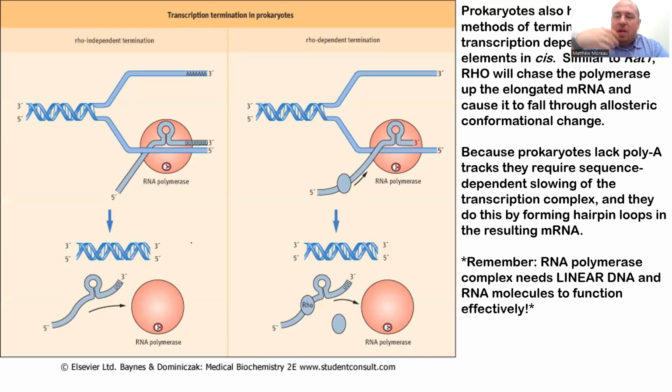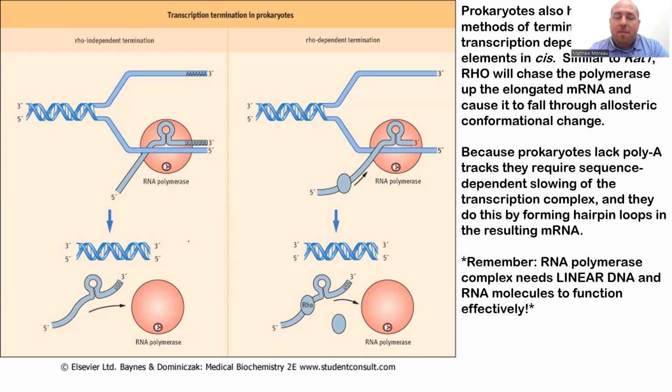So as you're making the RNA and it's coming off the DNA, at some point there has to be a terminal stop. There has to be an endpoint. And termination of transcription in both eukaryotes and prokaryotes highly depends on another important structural region of an RNA, and that's the 3' untranslated region.